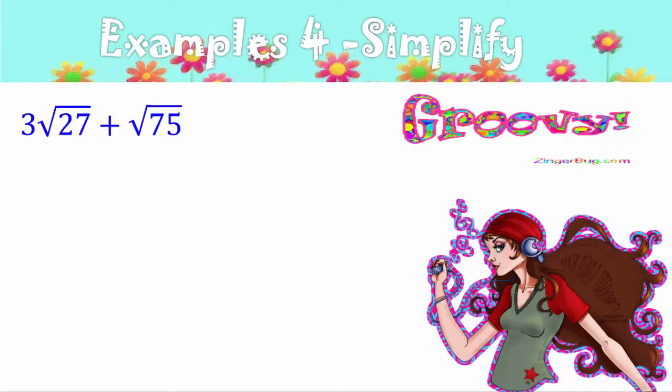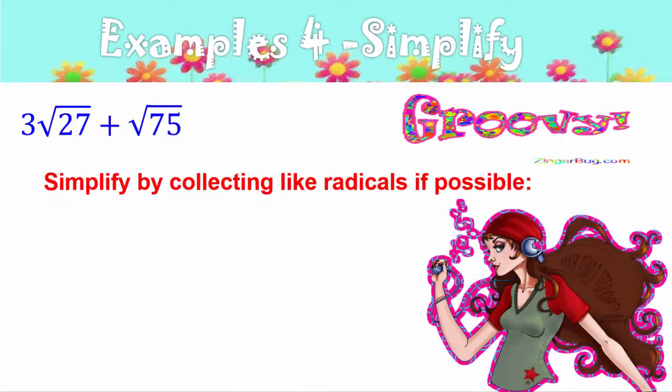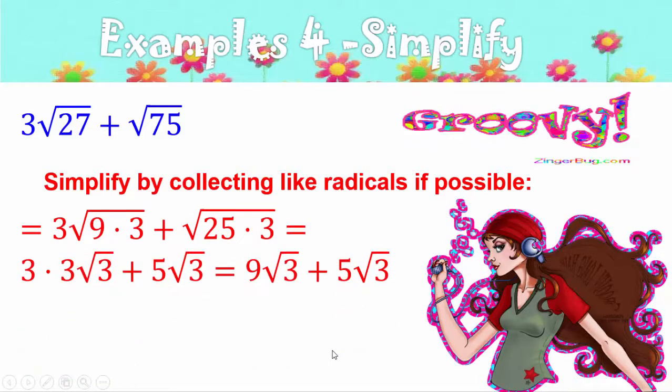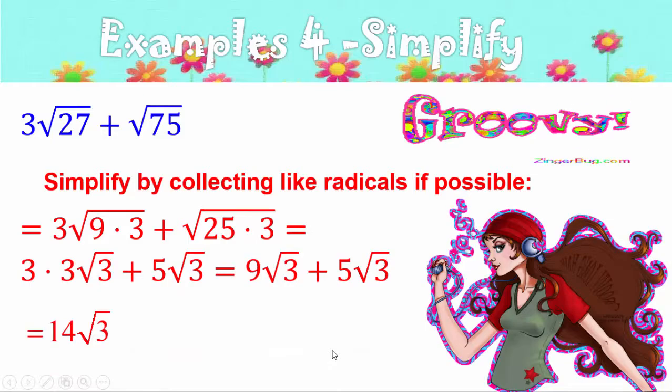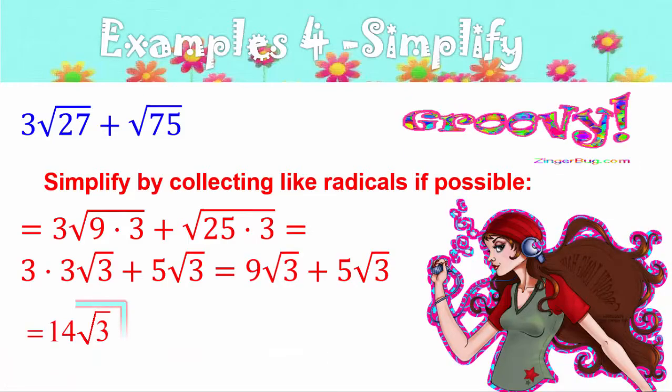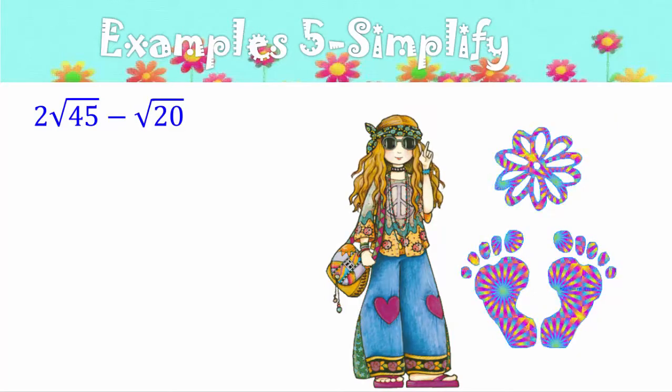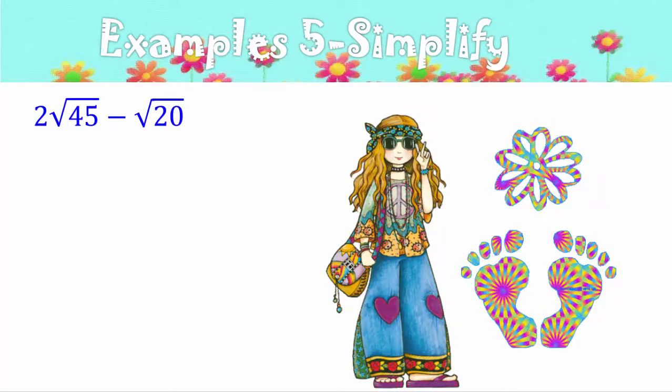Reviewing what we did in example number 4, we simplify by collecting like radicals if possible. So here we did that, and we continue, and we ended up with 14 square root of 3, and that was our final answer.